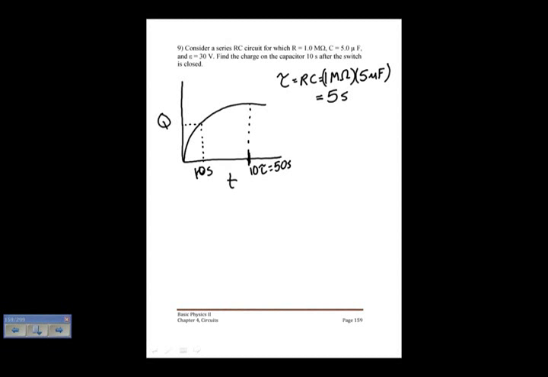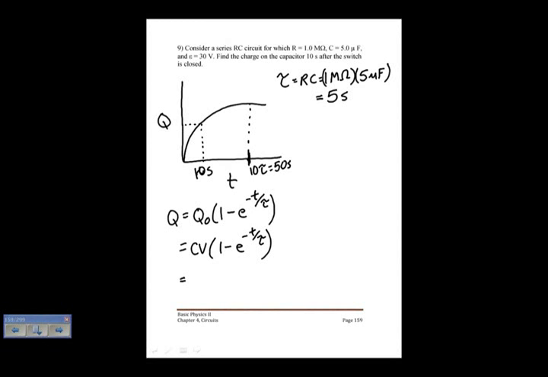All right, so I actually have to look at the exponential function that describes this relationship, and it is that Q is equal to Q naught times 1 minus e to the minus t over the time constant, or RC. Q naught is just the maximum charge, so Q equals Q naught times 1 minus e to the minus t over tau.